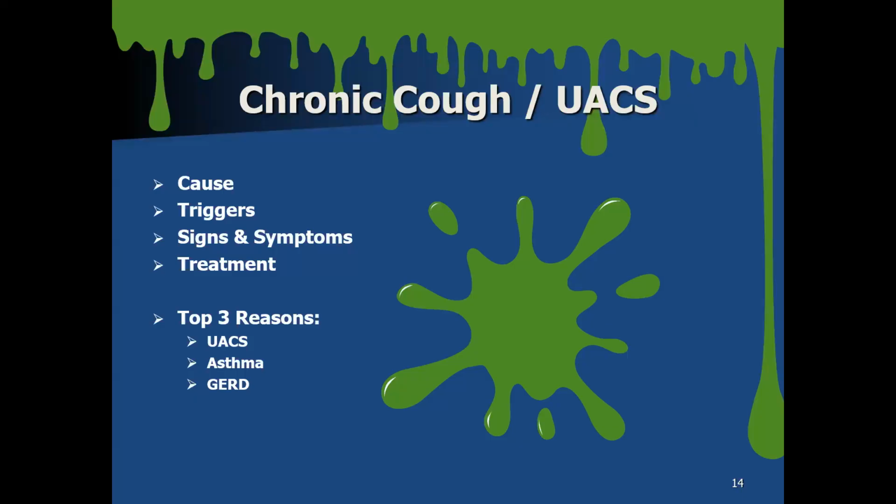The patient may experience throat clearing, sensation of drainage, nasal congestion, and a persistent cough, which is often worse at night. This is treated by addressing the underlying cause: antihistamines, nasal corticosteroids, saline irrigation, or treating sinus infection if present. Again, UACS is one of the most common causes of chronic cough, along with asthma and GERD.